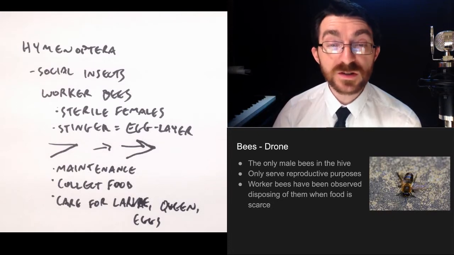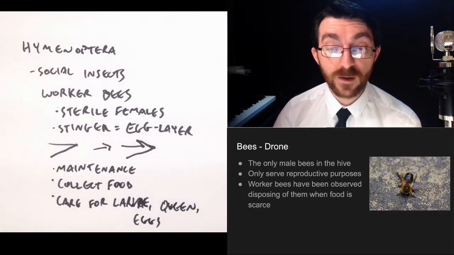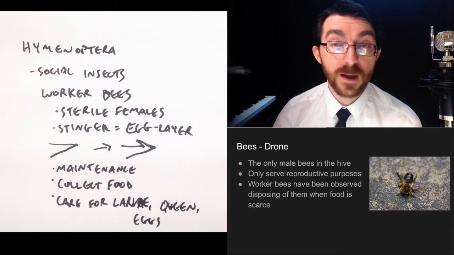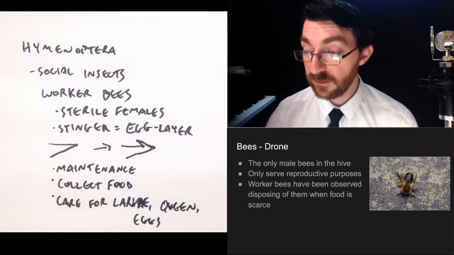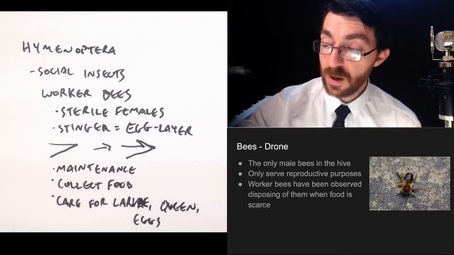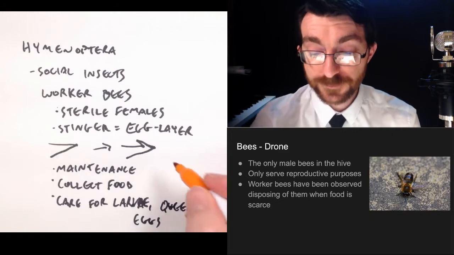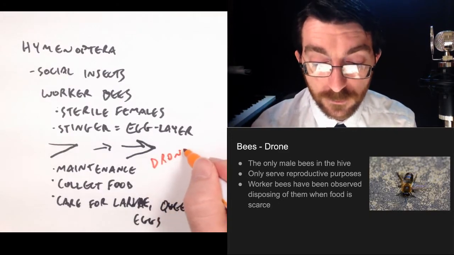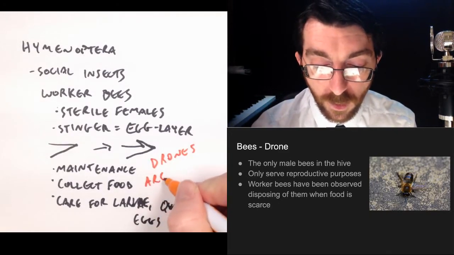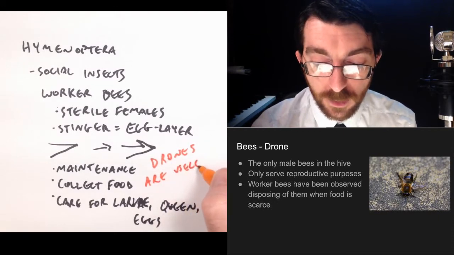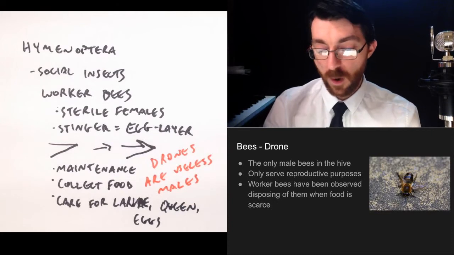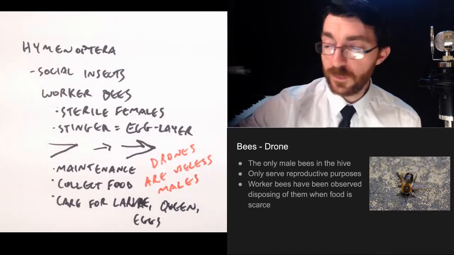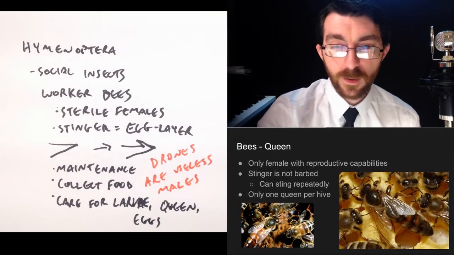They are so useless otherwise to the hive that when food is scarce, sometimes they just get chucked. Worker bees have been observed disposing of them when food is scarce. So I'm going to write that drones are just the useless males. They're only there for reproduction. How sad for them.